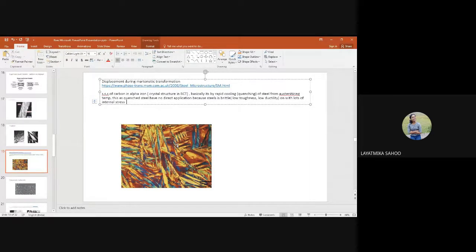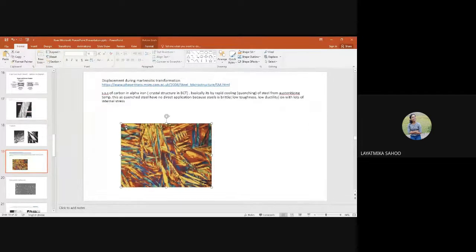So if the toughness is very low, what will happen to the steel? It will easily break into pieces. It gets easily fractured, right? Because it will not absorb a lot of energy, as no plastic deformation will happen here. So the point is what?